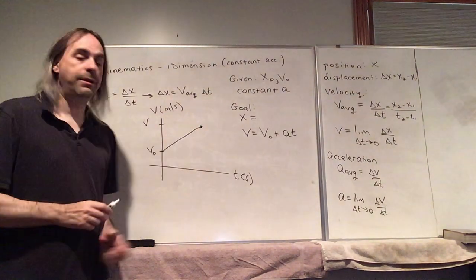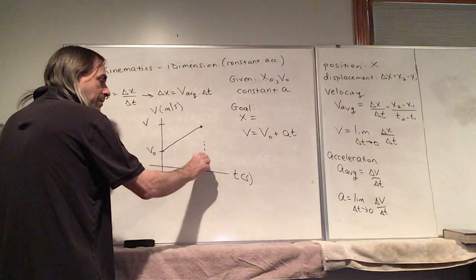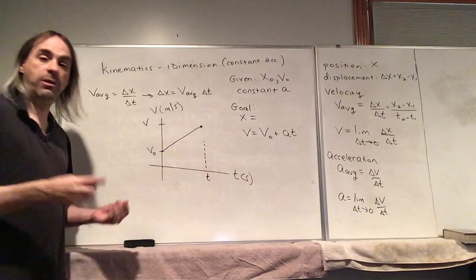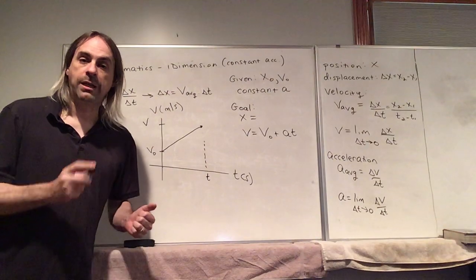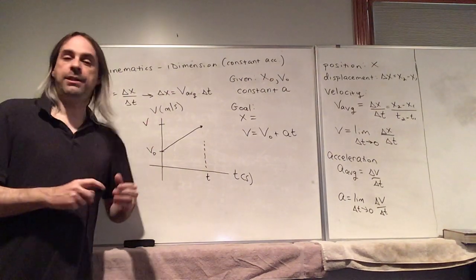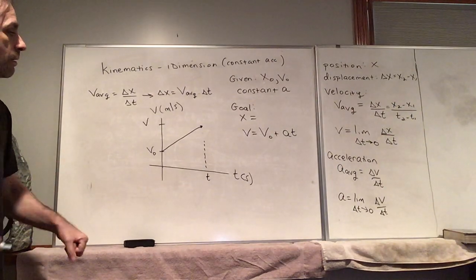It's going to be a straight line connecting, this is at t equals 0, this is at some later time t. So we just have a perfectly straight line, assuming that the acceleration is constant. And in this case, the average velocity, I'm going to have to write this somewhere.